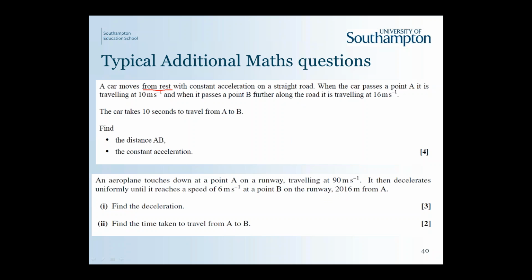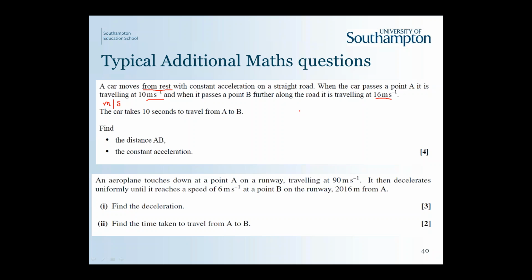Now it won't be written like this because I've taken this from additional maths. This is what I was saying before. That's just another way of writing meters per second. So ms to the minus 1. When it passes a point further along the road, it's travelling at 16.